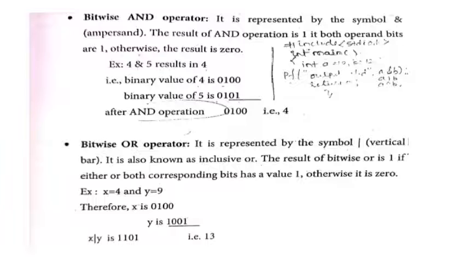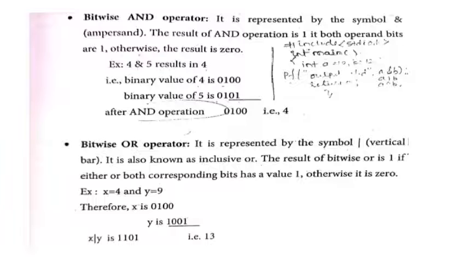If one bit is 1 and the other is 0, the result is 0. For example, 0 and 0 gives 0, 1 and 0 gives 0, 0 and 1 gives 0, and 1 and 1 gives 1. After calculating, I get 0 1 0 0, which is nothing but 4.